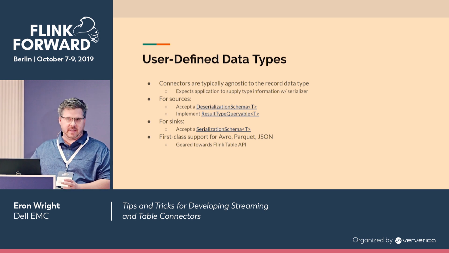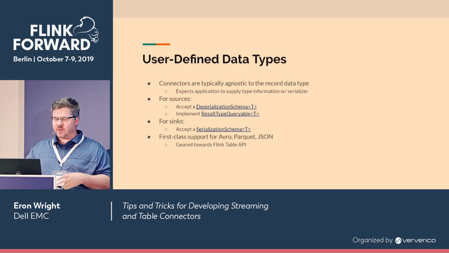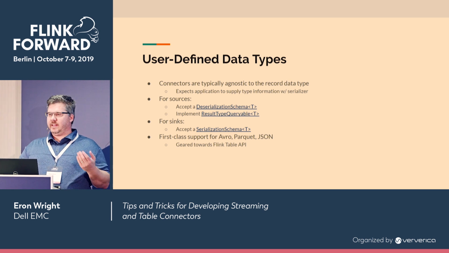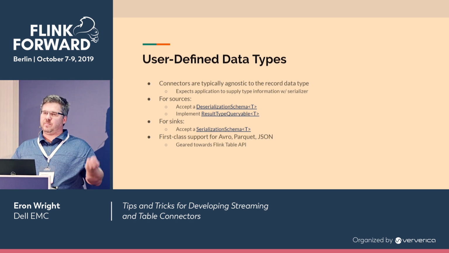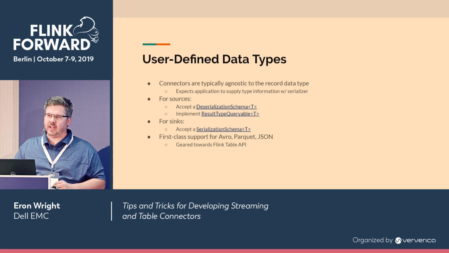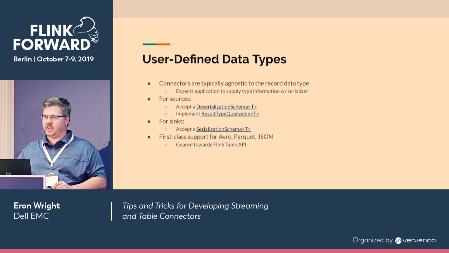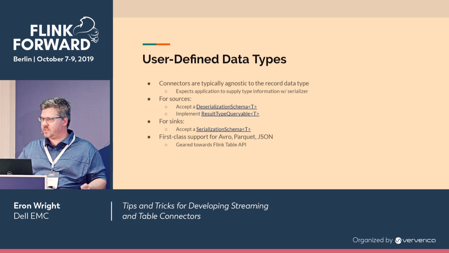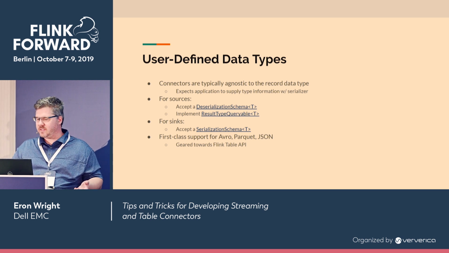Next thing you'll think about is data types. Connectors are typically agnostic to the record type, and you typically accept a deserializer from the application code to deserialize individual records in whatever way makes sense.